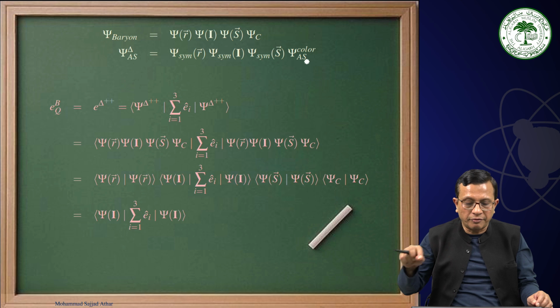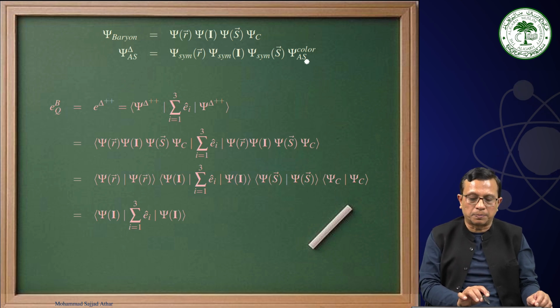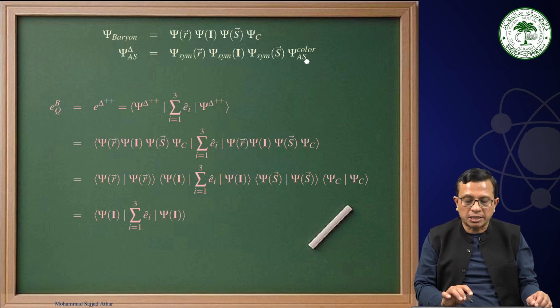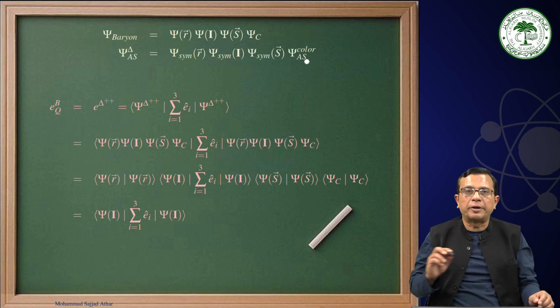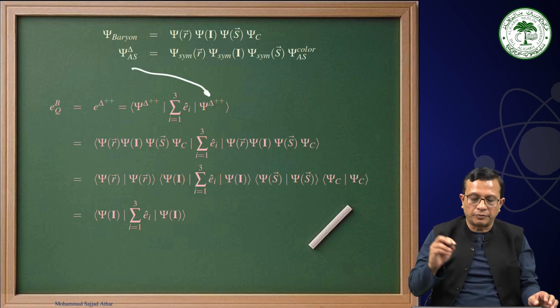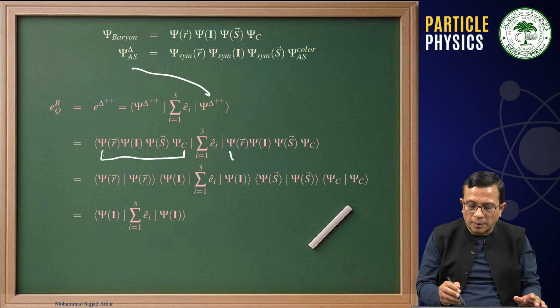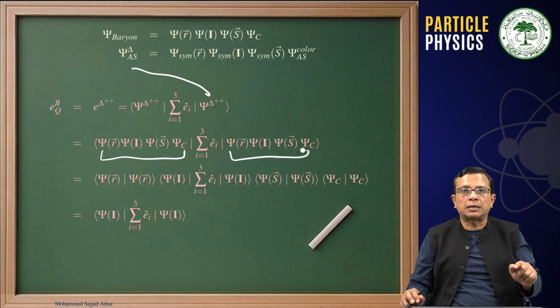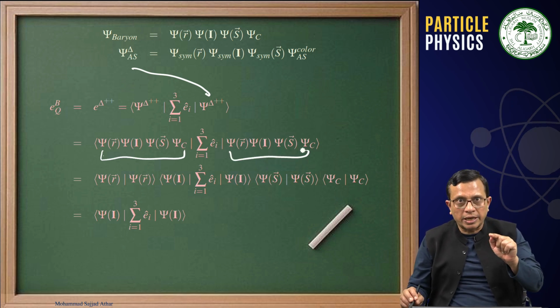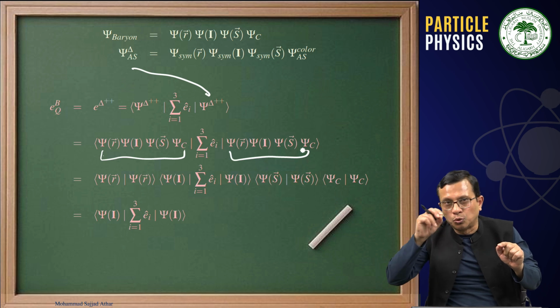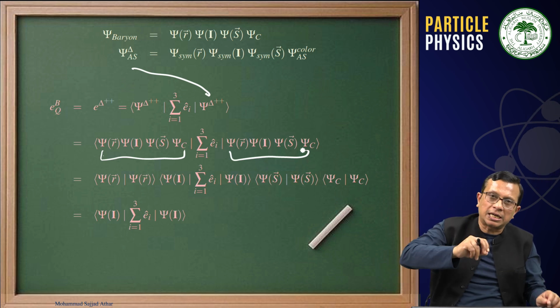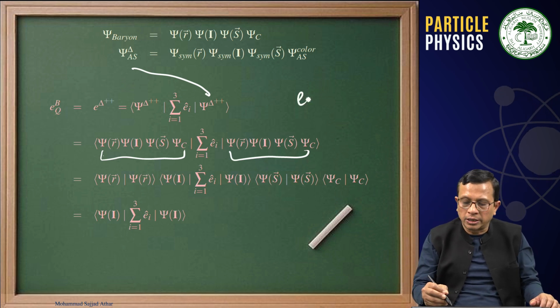And when we are evaluating the charge of the delta plus plus, then we are taking the charge operator between this flavor wave function, which is antisymmetric. We are writing all the four components, and since we know that the flavor wave function contains u, d, etc., the charge operator will operate on, say, the u state.